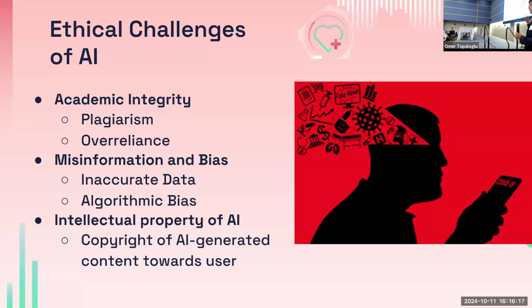And then there could be misinformation and bias in the AI, which is a result of algorithmic bias, where the manufacturer specifically targets one data set and leads to inaccurate data. And then there's the issue of the intellectual property of AI. Who owns the actual content that AI is generated with? And this is a problem that needs to be addressed in the near future.